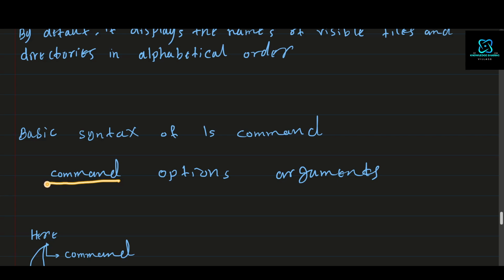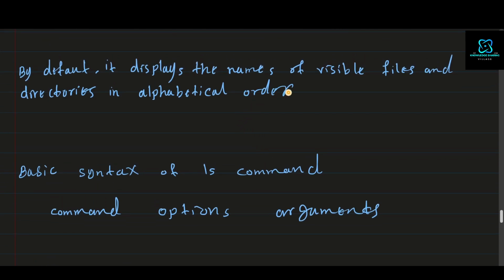We have the command name, in our case ls, and then option and argument. When we are talking about the default behavior of the ls command, we just execute ls. We do not provide any option or argument. In that scenario, it will display the names of visible files and directories in alphabetical order.